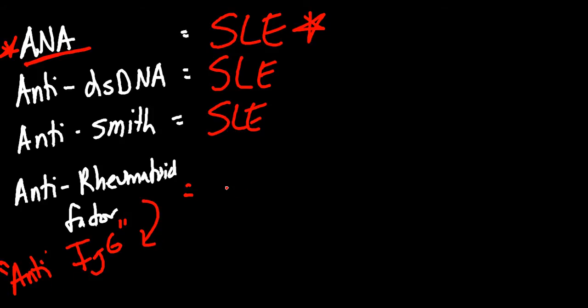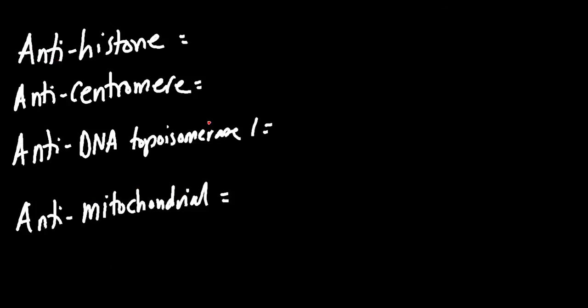What is this going to be specific for? Well, hopefully you can read rheumatoid. So it's going to be rheumatoid arthritis. Okay, so when you see anti-IgG, anti-rheumatoid factor, I want you to at least start correlating it to rheumatoid arthritis. It might not mean you have it, however, it is a good indication that that's a good starting place for you to look.